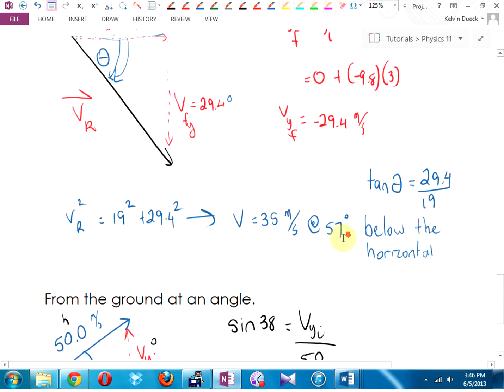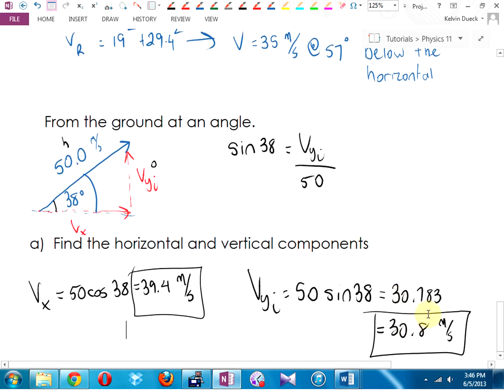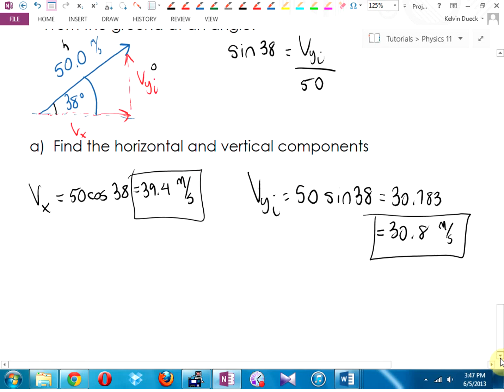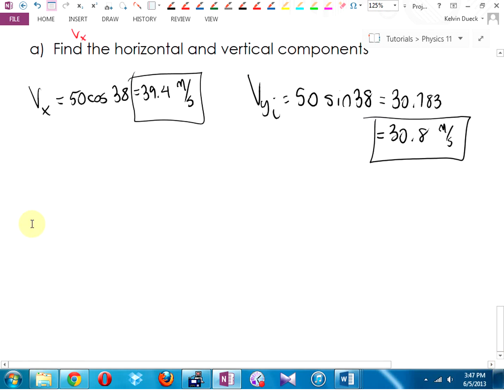Vy initial is 30.783. But I'm going to start out with a t-table for whatever they ask me to find. What could I ask you to find? Somewhere over here I'd say, okay, horizontal, vertical.